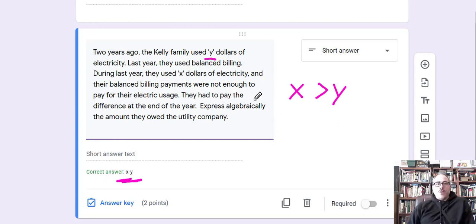So to figure out the difference at the end of the year, the excess they had to pay, we're going to have to do X minus Y, right? X is the bigger number. That's what they used for electricity last year. And two years ago is the Y. So X minus Y is how we express this. X minus Y is the difference between last year and two years ago, which is what they still owe the electric company.